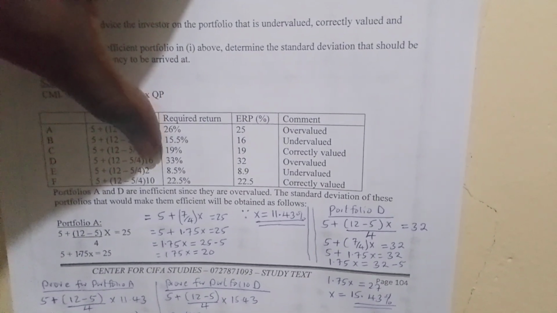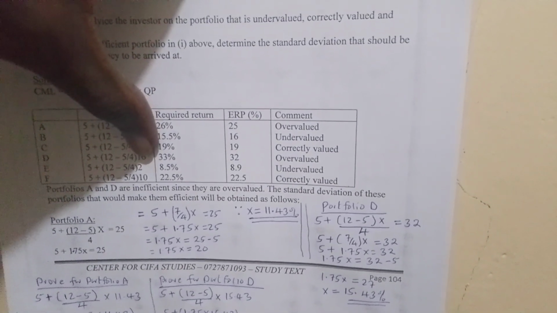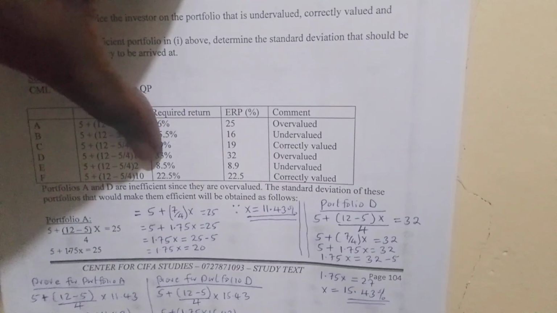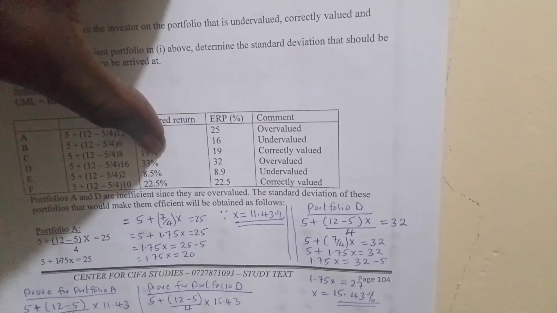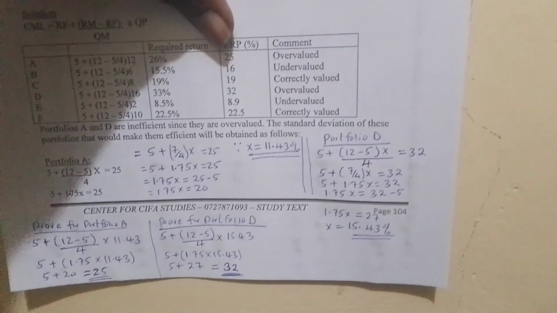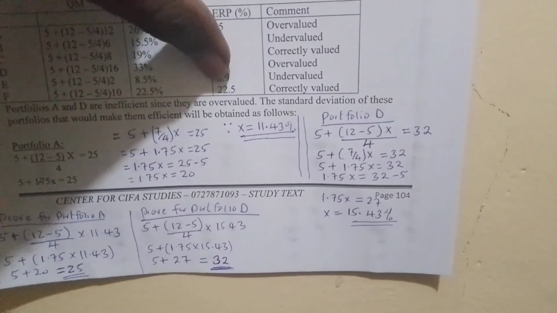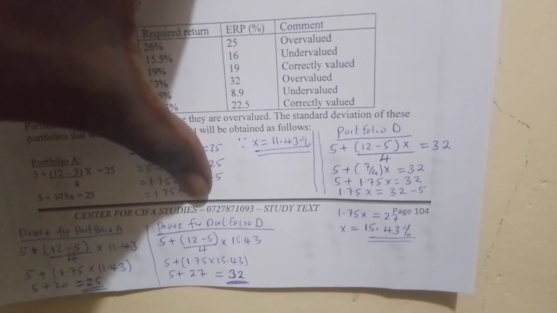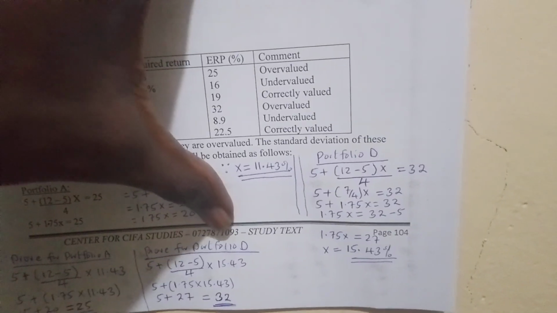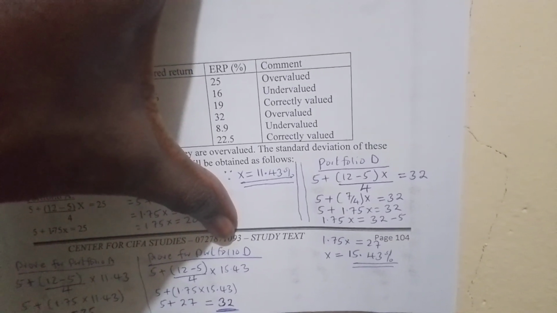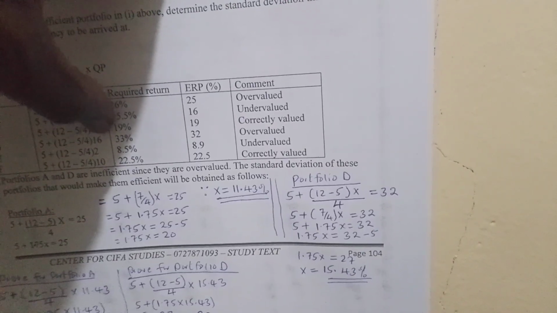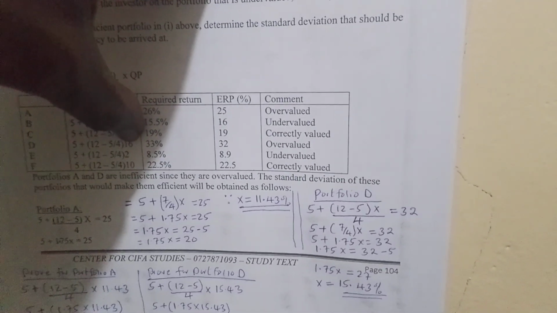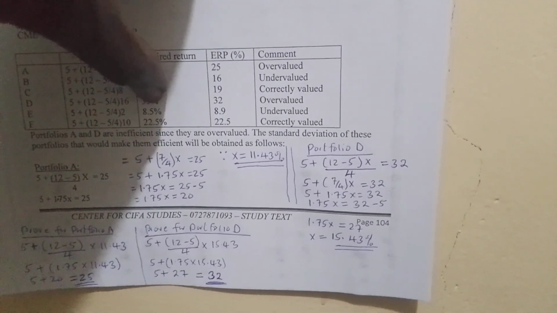You replace here, if you use 15.43, then here you will get 32, and you have proved that. Proof for portfolio D: if you use 15.43 instead of 16, your answer is 32.